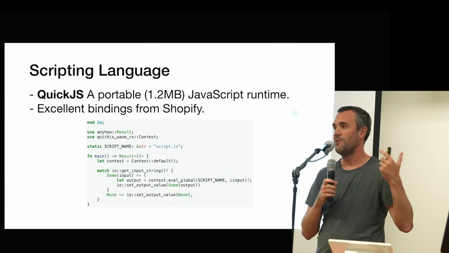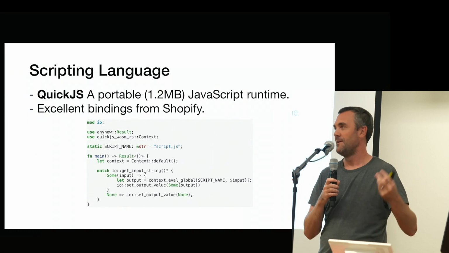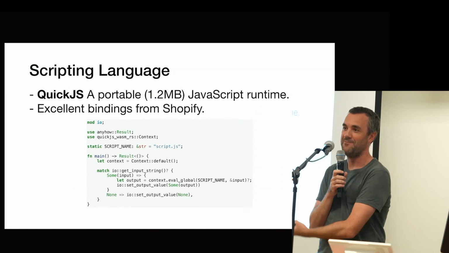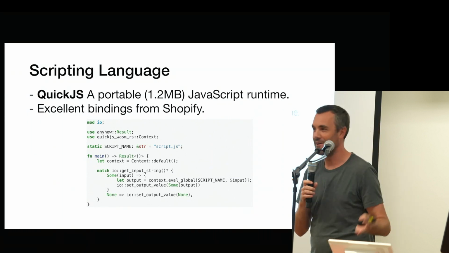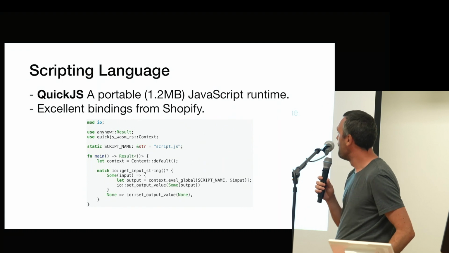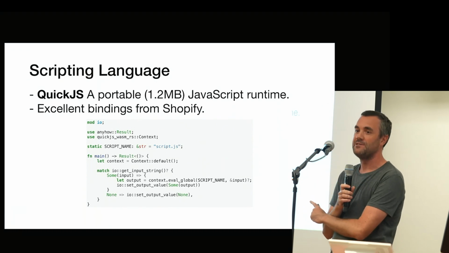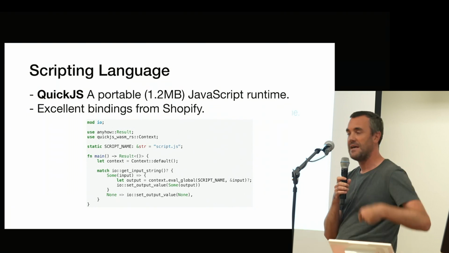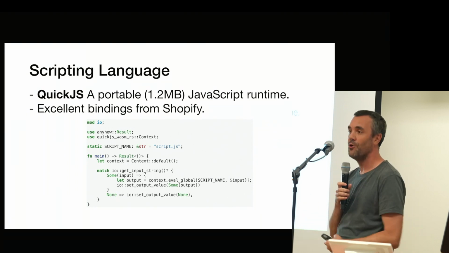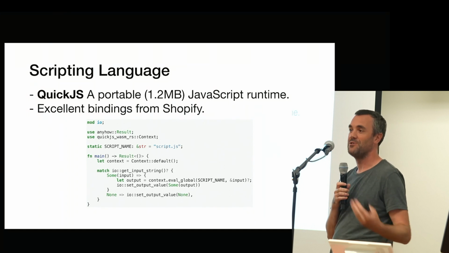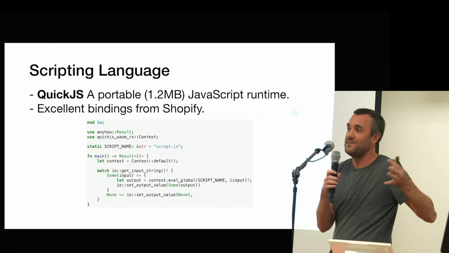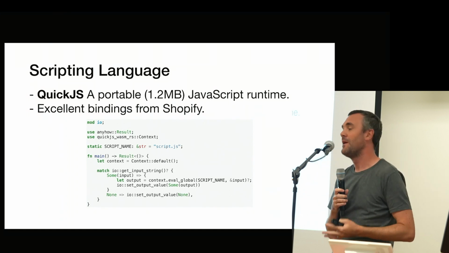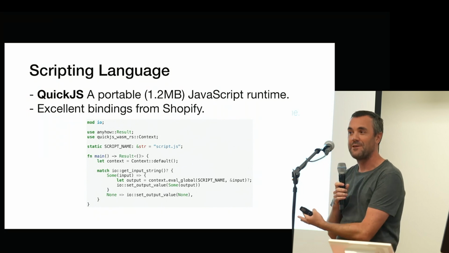QEMU, he wrote FFmpeg, like, he sits down on a weekend and writes a full JavaScript interpreter or something, he's elite. But for 1.2 megabytes, you can compile a WebAssembly version of QuickJS, which means you can easily implement it into your code, and you can start to interpret JavaScript in a very, very safe little sandbox, which is exactly what we need.